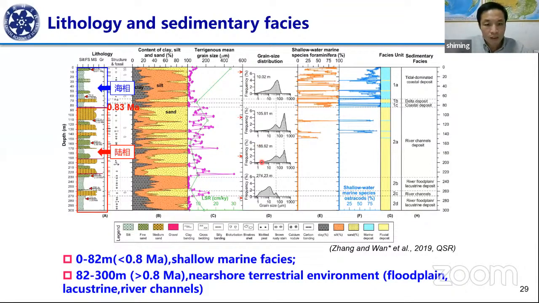So one question is, is this huge change in sedimentary facies from the continental to the marine environment just a local phenomenon or a regional phenomenon? This is important. We should make sure this is a regional phenomenon.